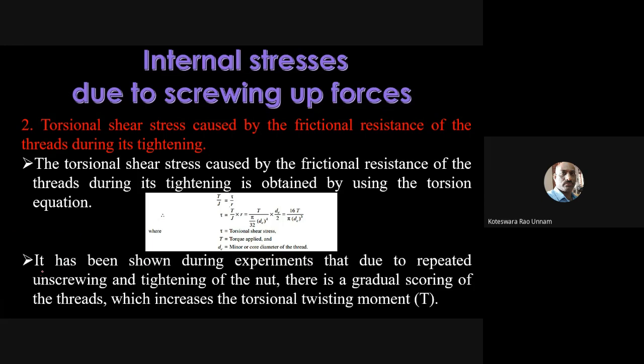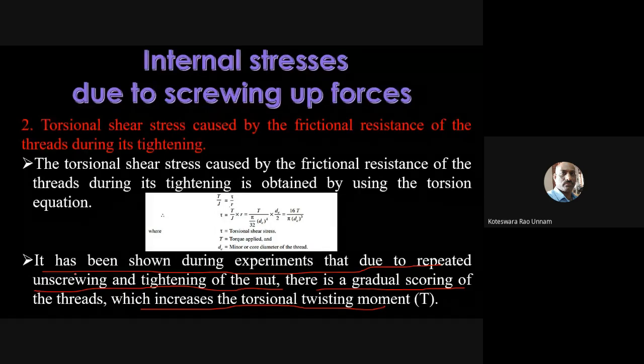Okay, so it has been shown during experiments that due to repeated unscrewing and tightening of the nut, there is gradual scoring of the threads, which increases the torsional twisting moment. Whenever the joint is repeatedly unscrewed and tightened, this comes under a fluctuating kind of load.